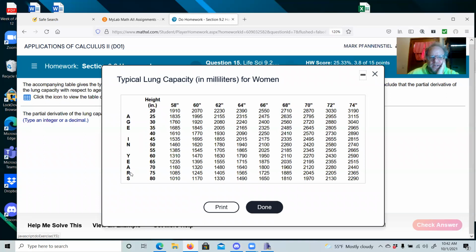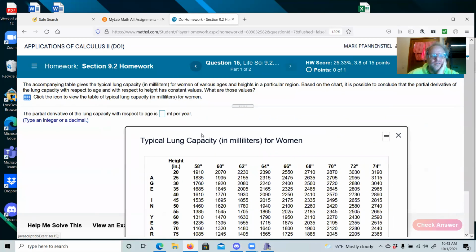Age in years, height in inches. Okay, so here's our ages, 20, 25, 30, etc. Height in inches. 60 inches is 5 foot. So we have 4'10", 5 foot, 5'2", 5'4", 5'6", 6 foot tall, and 6'2". All right.